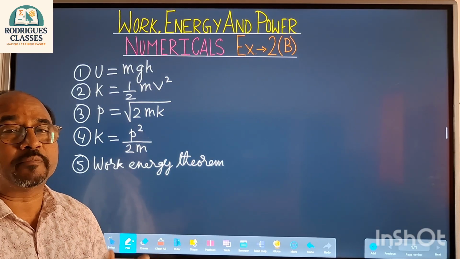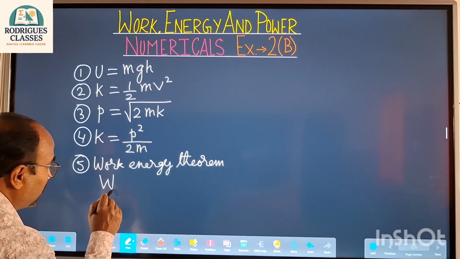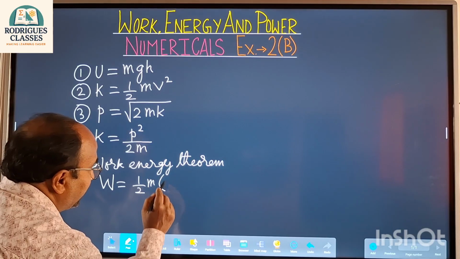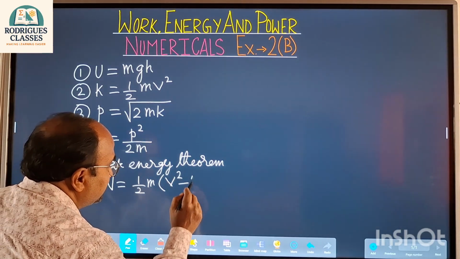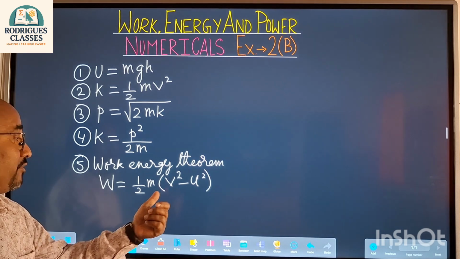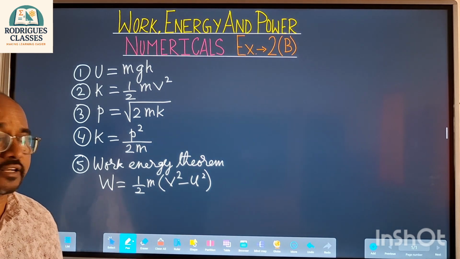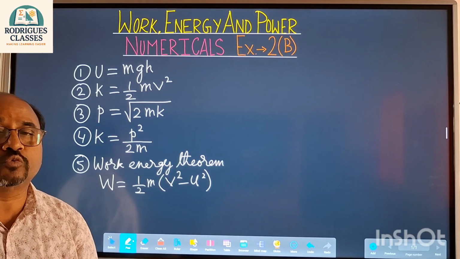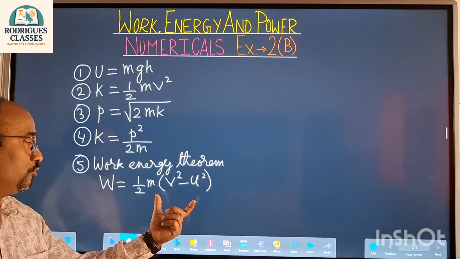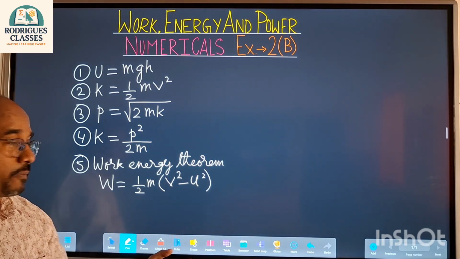Taking them separately, and then taking common, we can write work done is equal to half m into the bracket v square minus u square. If I multiply half m into v square, that gives me half mv square, the final kinetic energy, and half m into u square, half mu square, is the initial kinetic energy. So we can use this by taking common, it will be easier to solve.